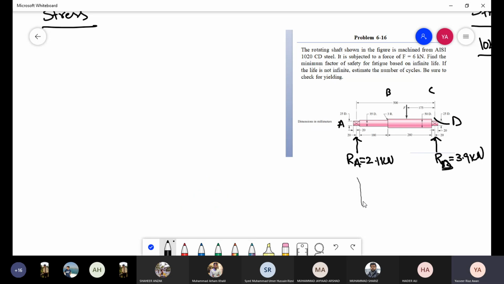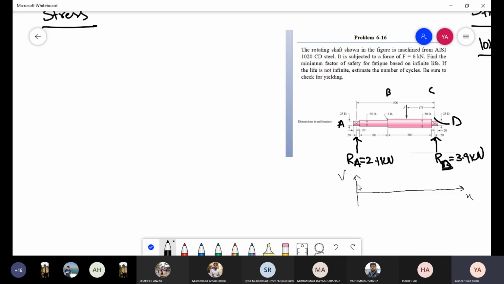So the first step you would have to perform would be to find the reactions and then draw the shear force diagram. ठीक है.